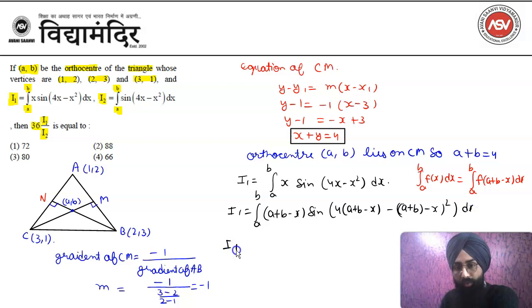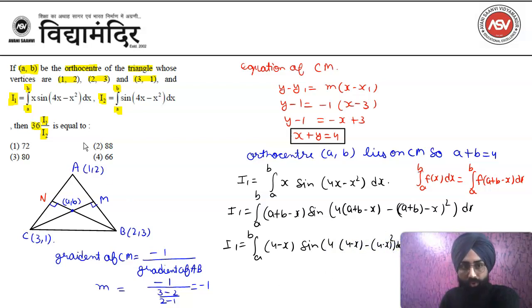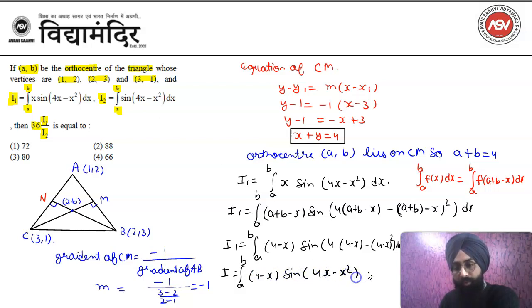Now substituting the value of A plus B, which is 4, we can write the integral from A to B of (4 minus x) sine of (4 times (4 minus x) minus (4 minus x) whole square) dx. When you open these brackets, you will get the same thing here, 4x minus x square.